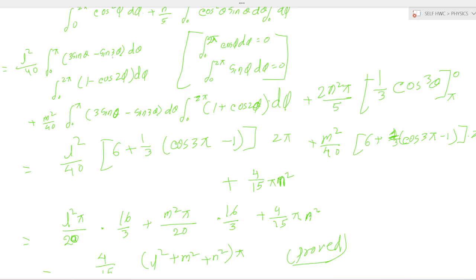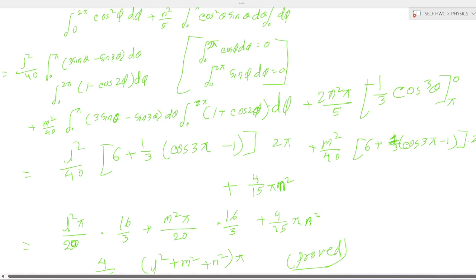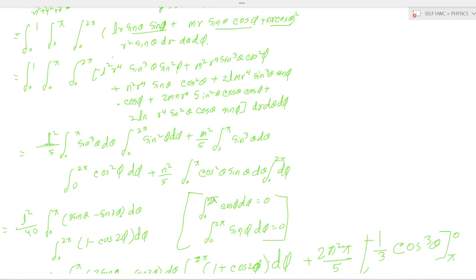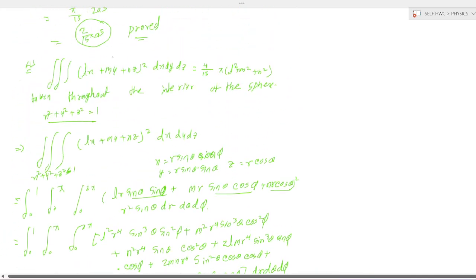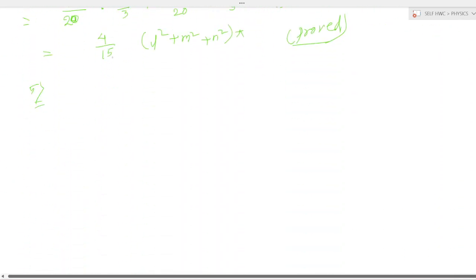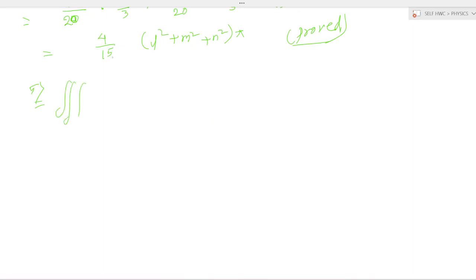Next question, question number 5. This question is the triple integration of dx dy dz by x² + y² + (z − 2)².